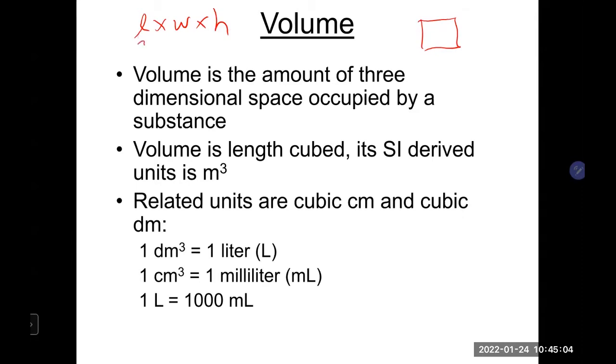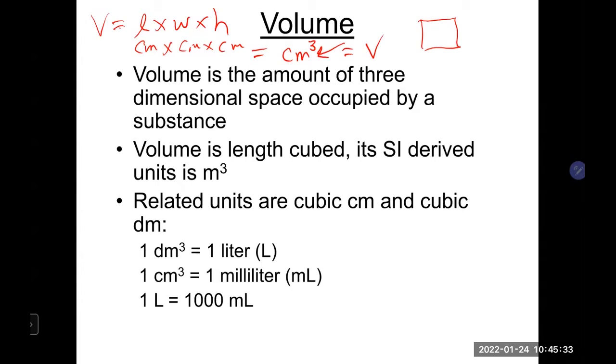And if we do that in centimeters all the way across, what we end up getting is what is referred to as a cubic centimeter. A cubic centimeter is actually a volume. It is basically 3 length measurements that are taken and multiplied by each other.